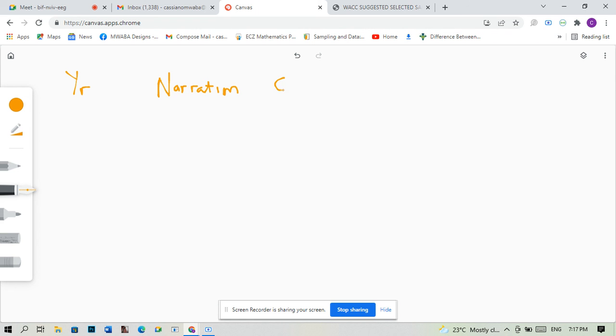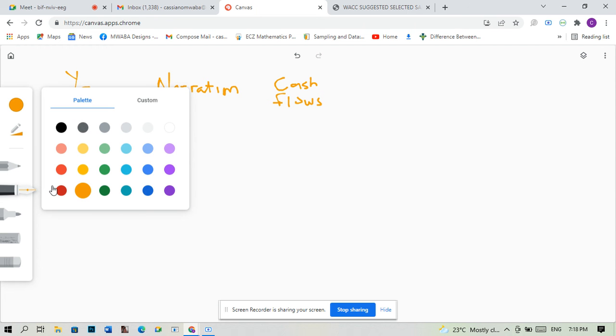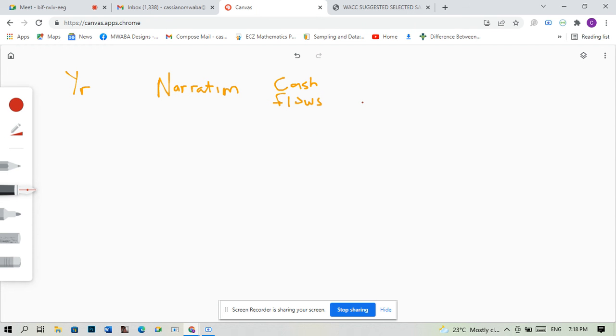Then we're going to have cash flows. Then we're going to have our first discount factor.